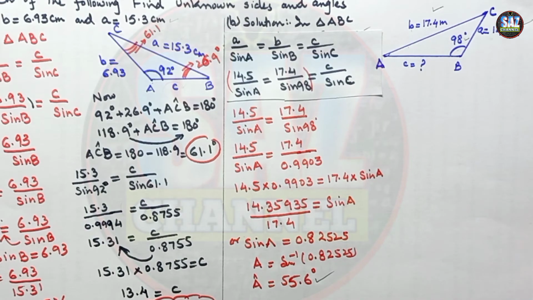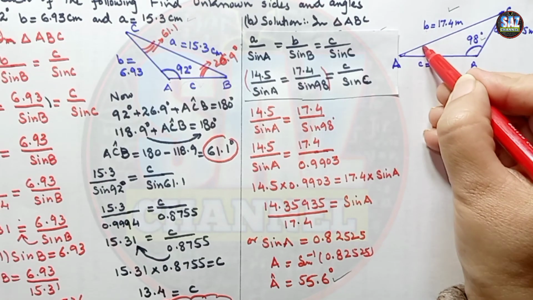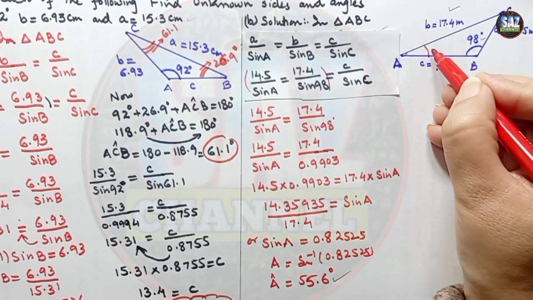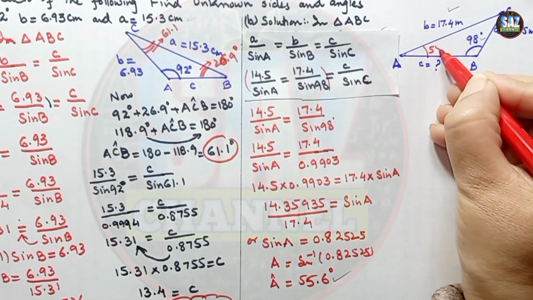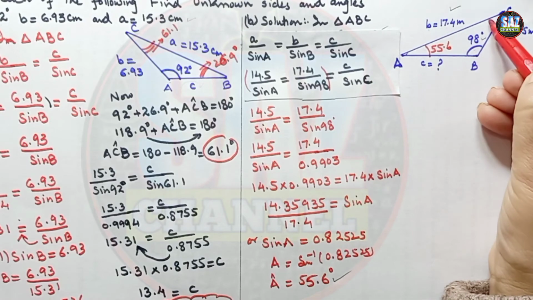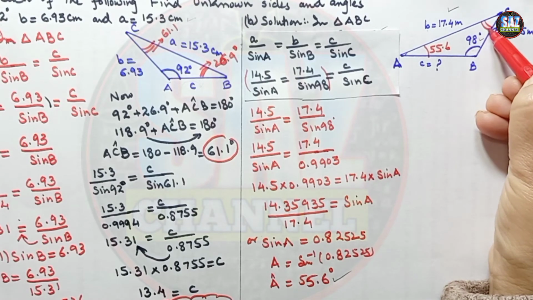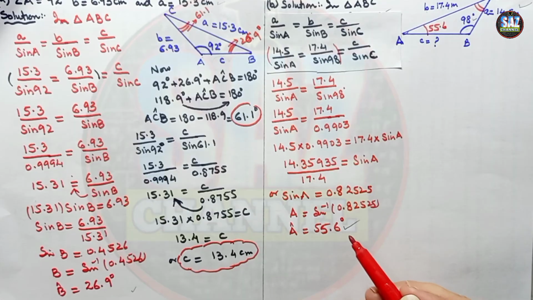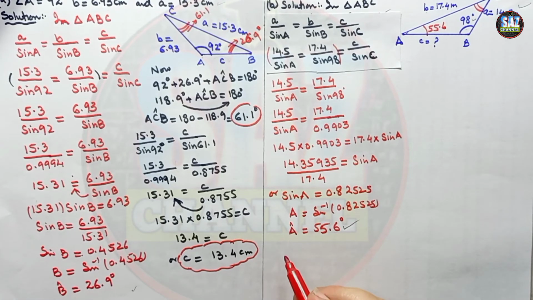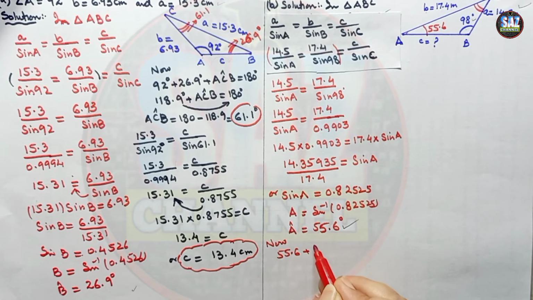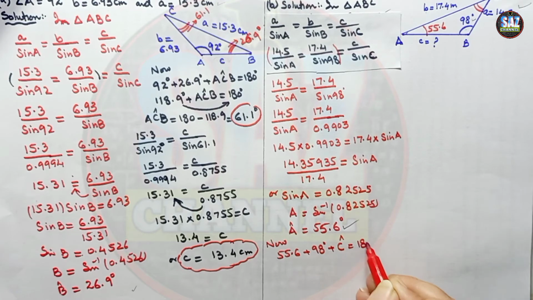Now we have the second angle of this triangle, that is 55.6. For the calculation of the third angle, recall that the sum of interior angles of a triangle is always 180 degrees. Angle A, that is 55.6, plus 98 plus angle C equals 180 degrees.